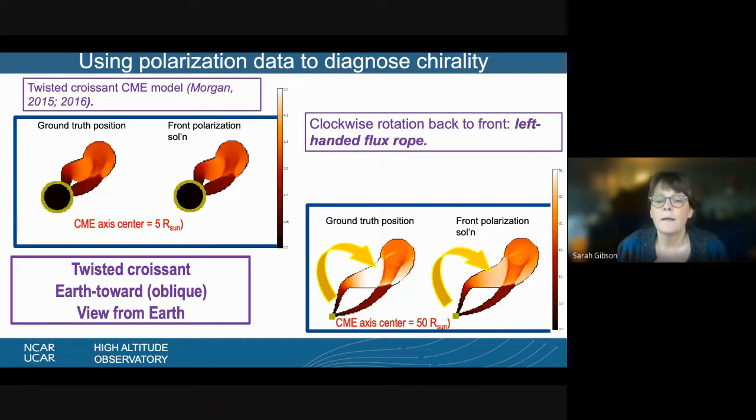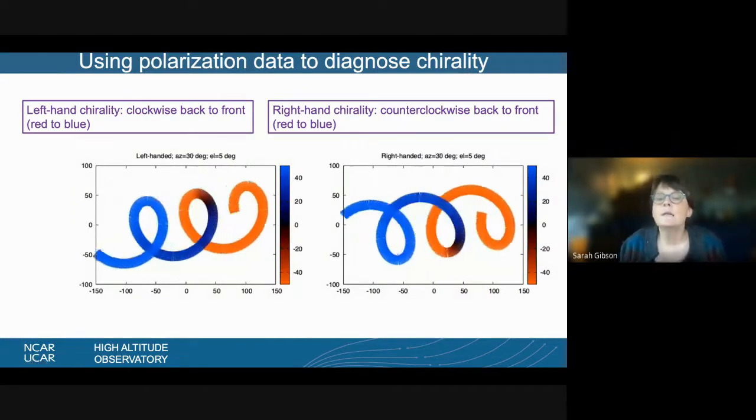This kind of an oblique view is helpful for resolving the circulation, but it should be noticed that other views, for example, looking down perpendicular to the axis of the flux rope, can be potentially ambiguous or even misleading. And this movie is meant to illustrate that.